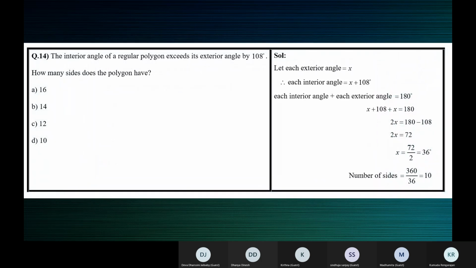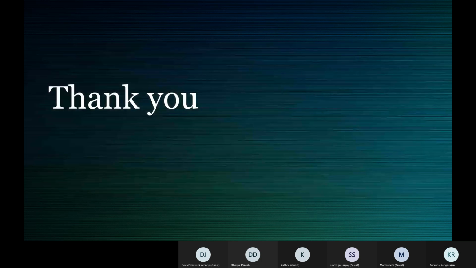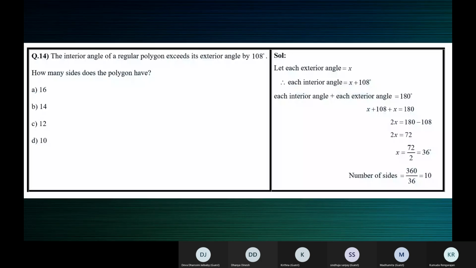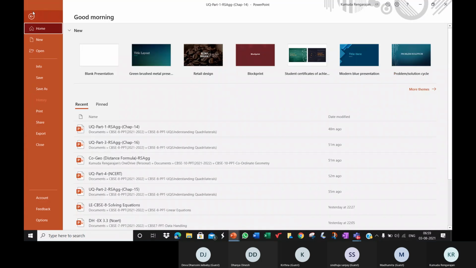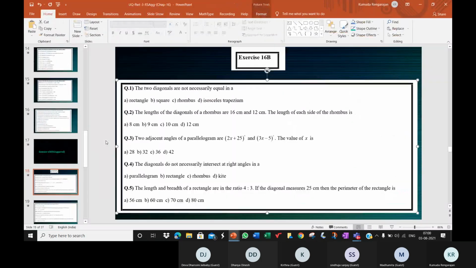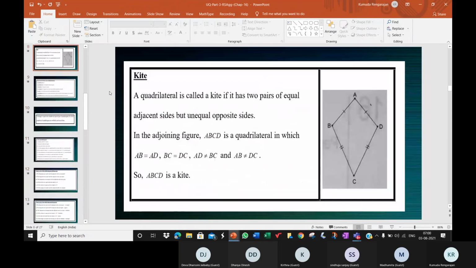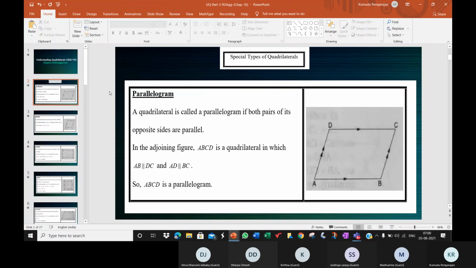Yeah, take a picture. Yeah, now you may write whatever we discuss in your notebook.